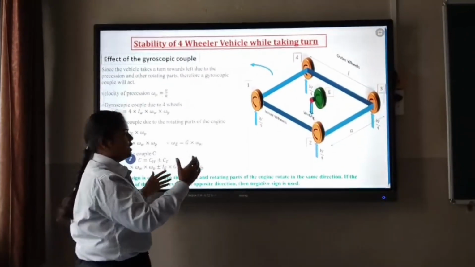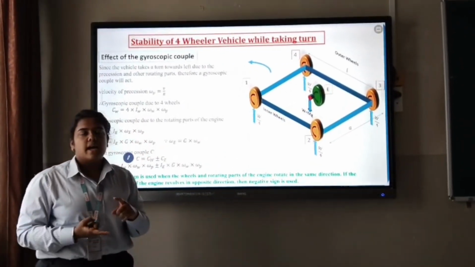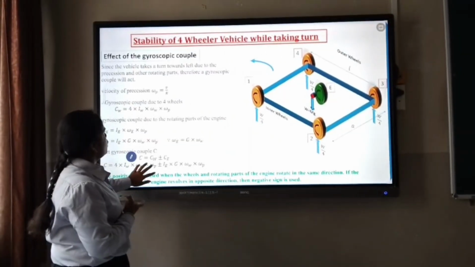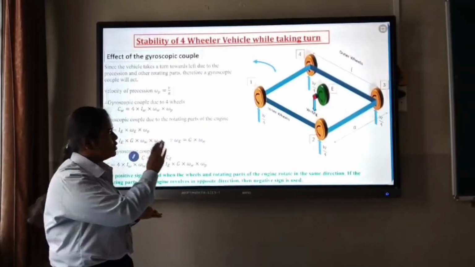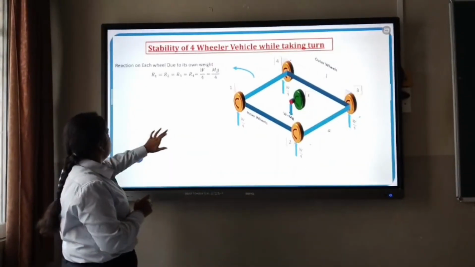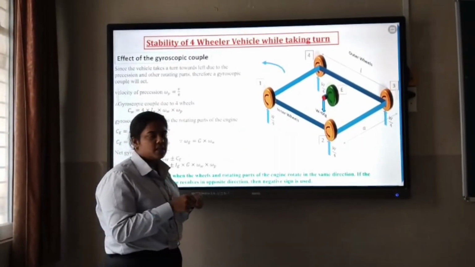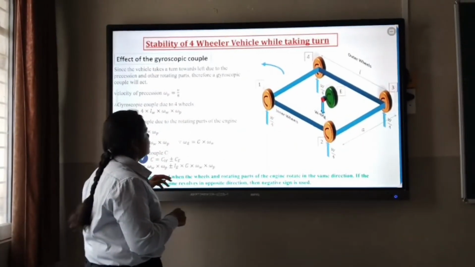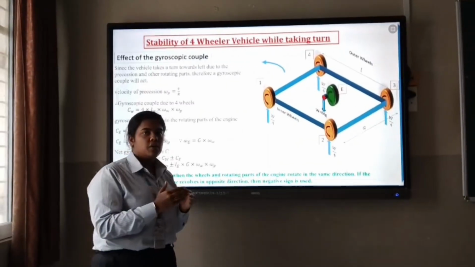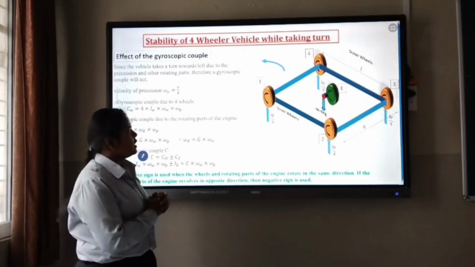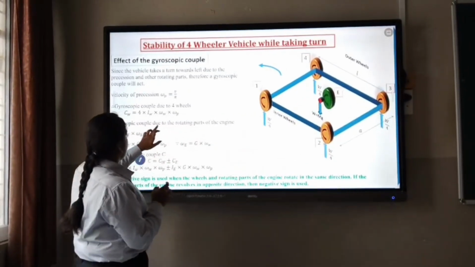As we know, the vehicle is taking a left turn, so because of the engine rotating parts and precession, a gyroscopic couple will act on the vehicle, where the velocity of precession is omega P equals v divided by r. The equation of gyroscopic couple is C equals I into omega W into omega P. Here we consider the four wheels, so the equation is multiplied by 4.